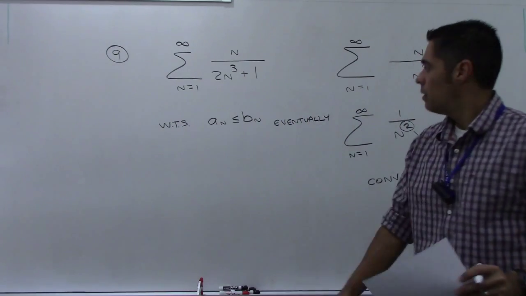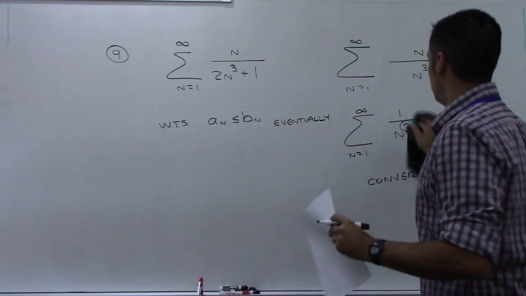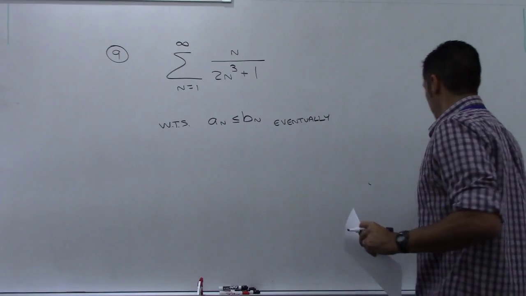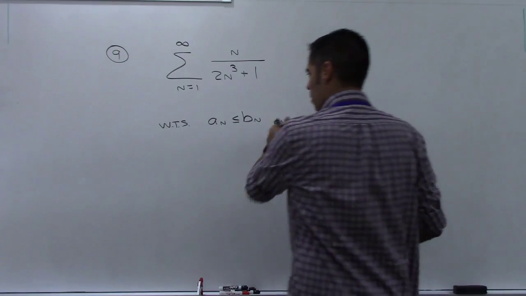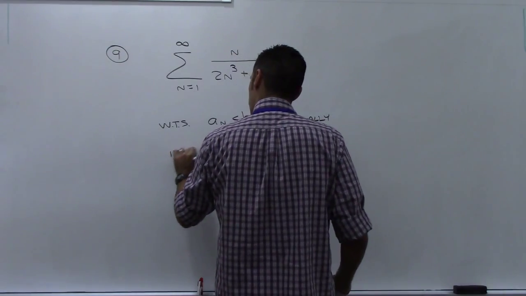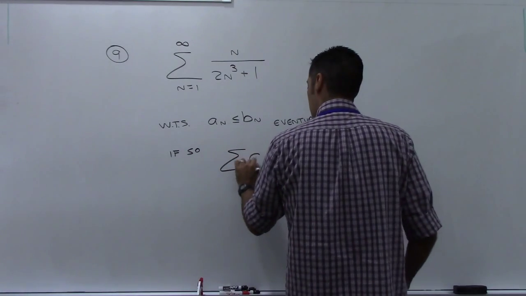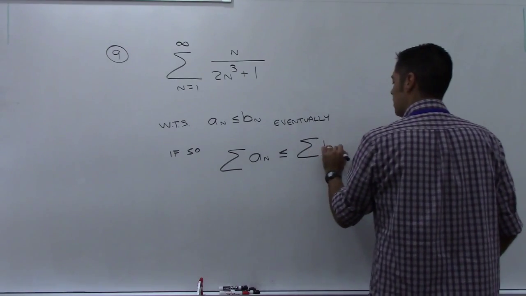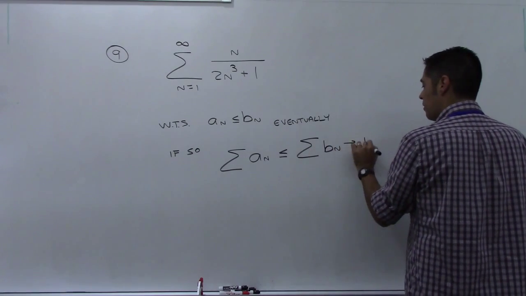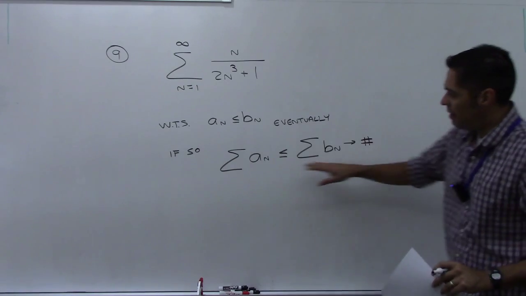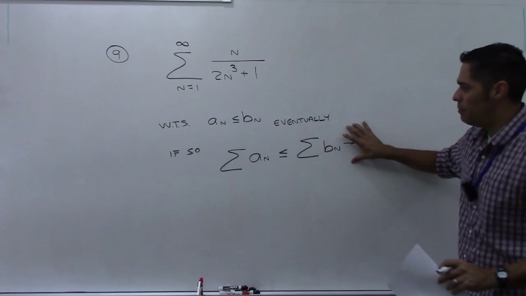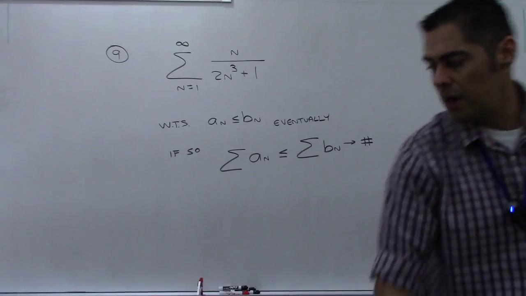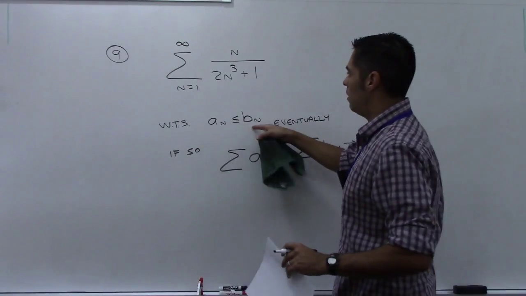If so, then the sum of the a sub n's will be less than or equal to the sum of the b sub n's. And we already know that this goes to some number. So that means that our series has to be less than or equal to some number, which means that our series converges also. So let me try and show this inequality is true.